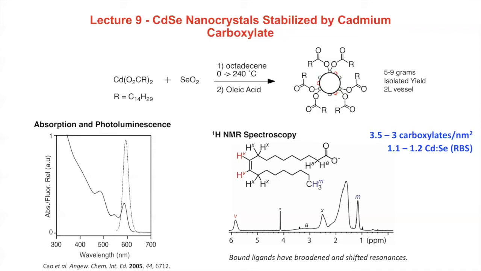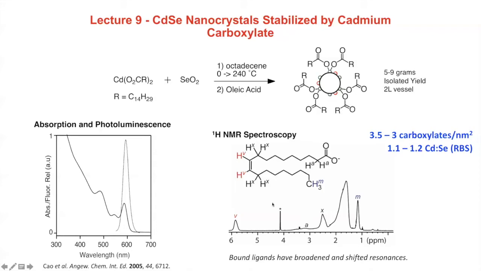The NMR spectrum also gives the concentration of ligands, which can be measured versus an internal standard like this one here, and compared to all of these signals that correspond to these surface carboxylates. So once you know the ratio, you can calculate the empirical formula of the material. And if you know how big the particles are, you can calculate how many ligands per nanometer squared of surface area. And that matches the elemental composition that you might expect for a formula of the kind depicted here.